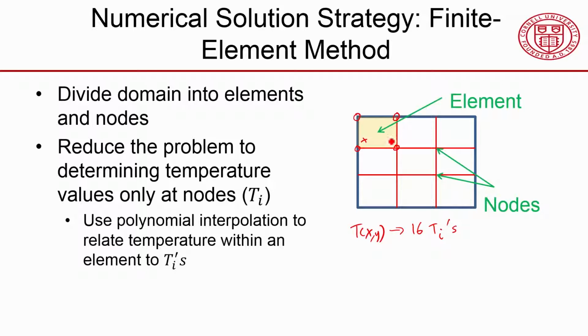It'll be a bilinear interpolation in this case, but the idea is the same. I think of this value as a weighted average of these 4 values, and the weights for each of these values is given by the so-called shape function, for those of you who have seen shape functions.